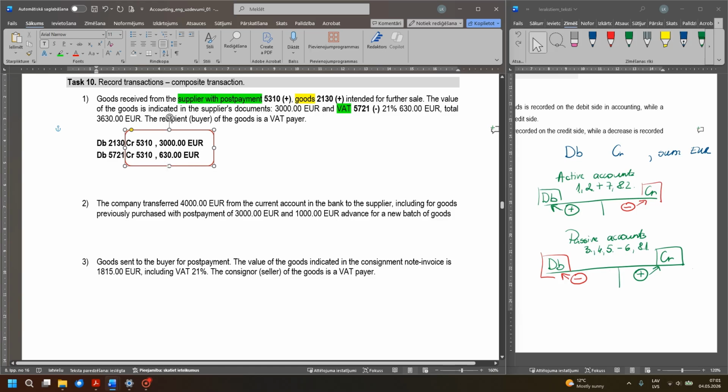So in this transaction, what helps you to build up the correct transaction is that you remember that you need to pay all this money to your supplier. Okay, let's continue with the next one. You can make a pause, do it by yourself, and then continue and compare your answer with my answers.